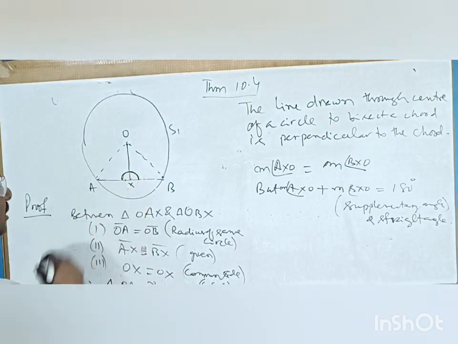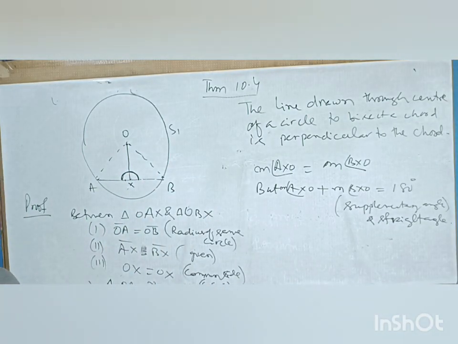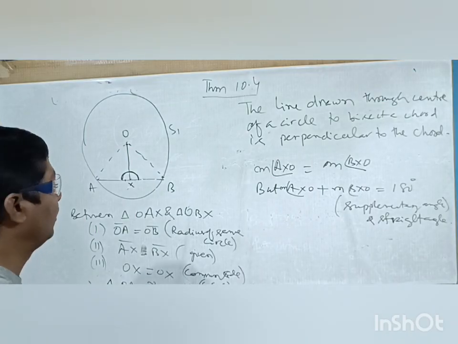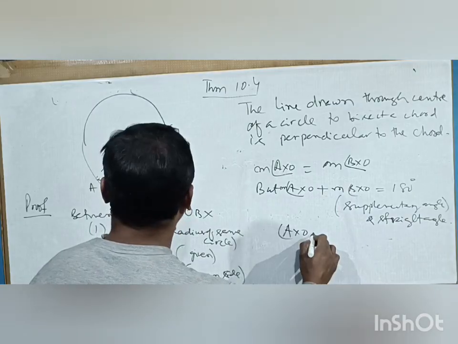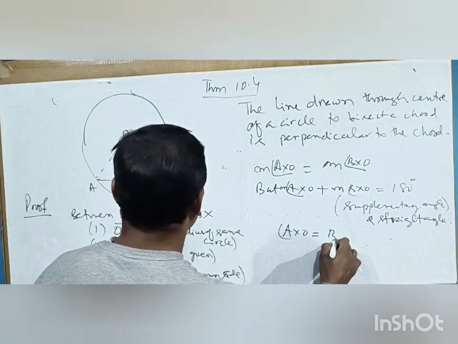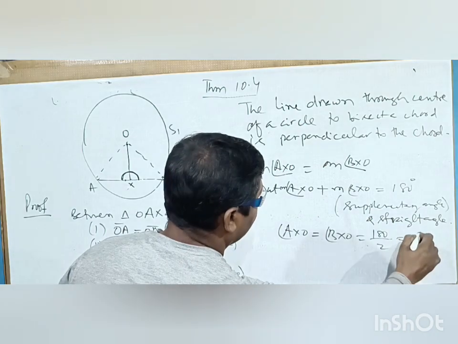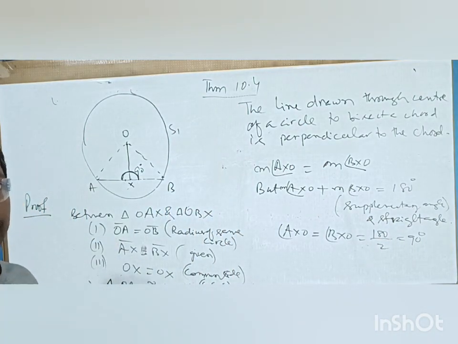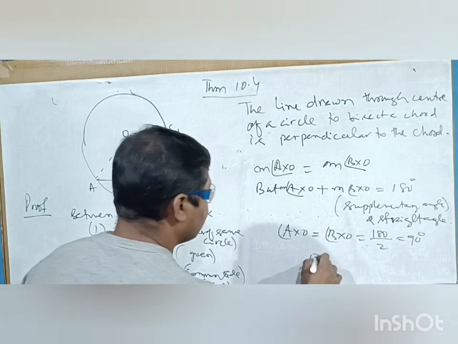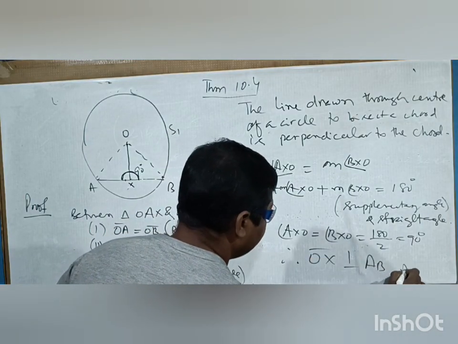If each of them is equal and the sum is 180, each of them is 90. So AXO equal to BXO equal to 180 by 2 equal to 90 degrees. I found this angle 90 degrees, hence OX perpendicular AB. Proved.